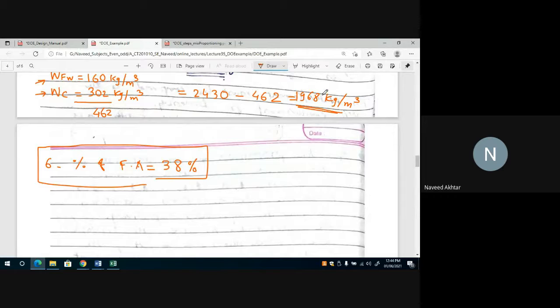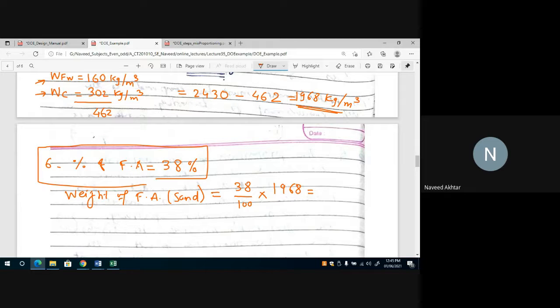Now you can find out the weight of fine aggregate. Weight of fine aggregate, the particles less than 5 mm, that is sand, is equal to 38 divided by 100 into the weight of total aggregate, which is 1968 kg.